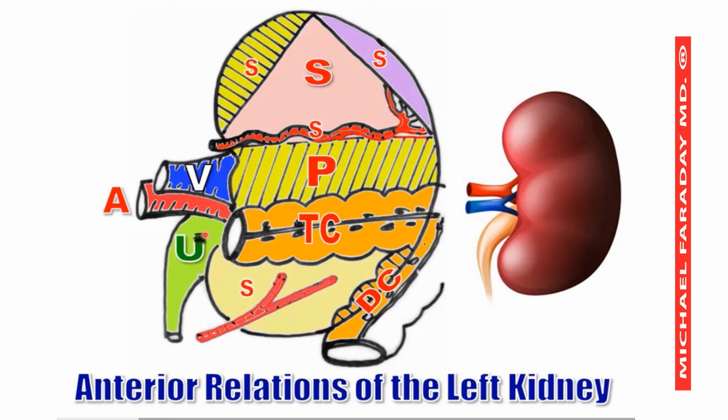Again, upper medial for the left kidney, we have the left suprarenal gland. Upper lateral, we have the spleen. Here we have the stomach. Here we have the splenic artery, the body of the pancreas, transverse colon, descending colon, small intestines, ascending branch of left colic artery. For the hilum, we have the renal vein, the renal artery, and then the pelvis of the ureter.